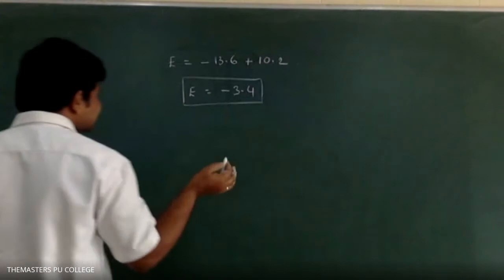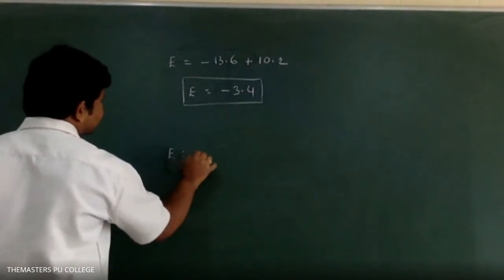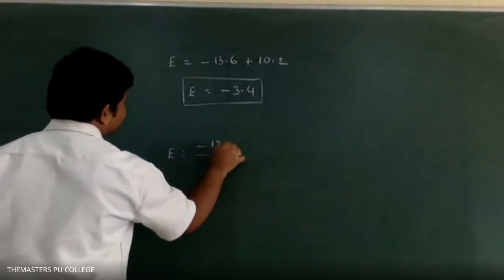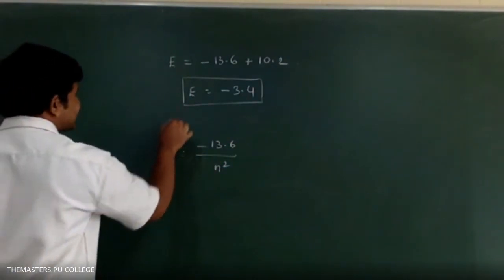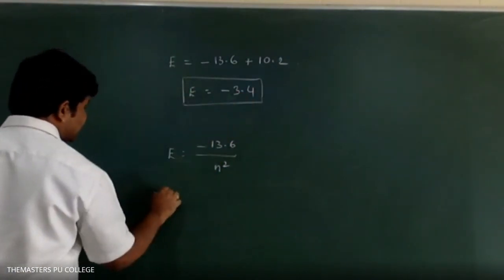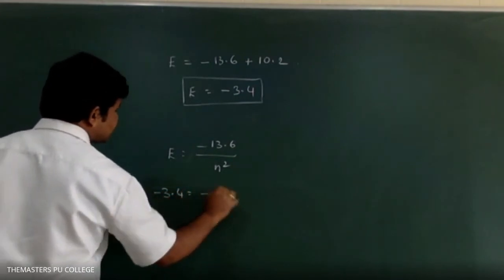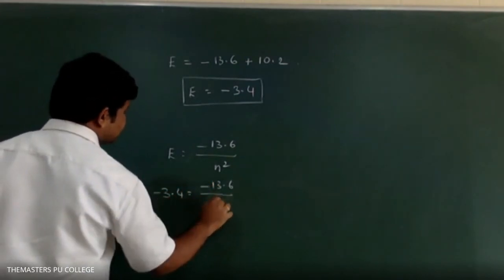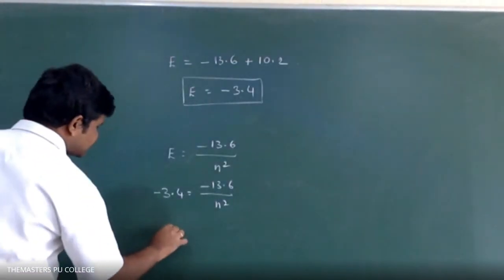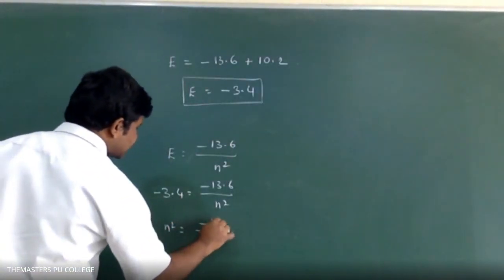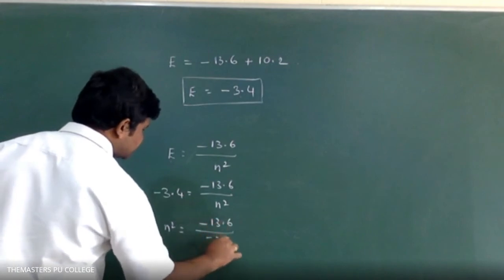So what is the energy formula? E is equal to minus 13.6 by n square. The actual energy we got is minus 3.4, equal to minus 13.6 by n square. Here n means the orbit. So n square is equal to minus 13.6 by minus 3.4.